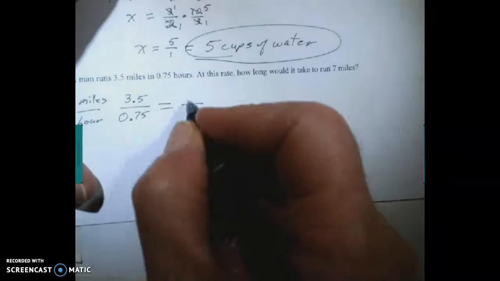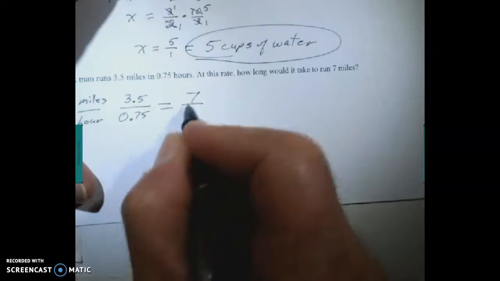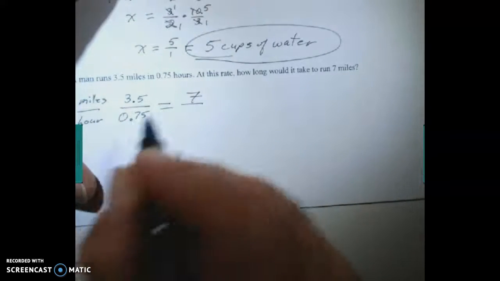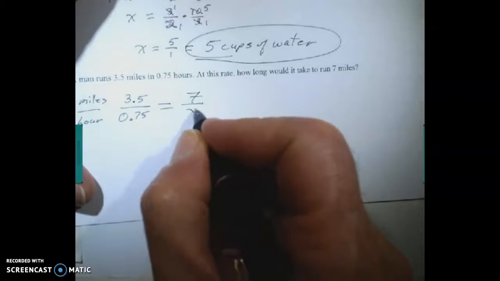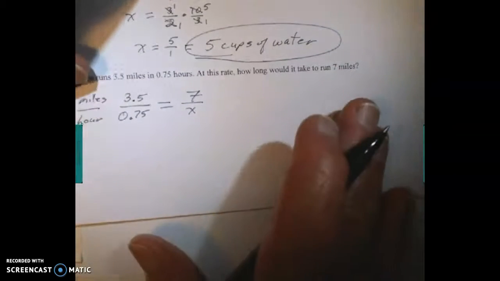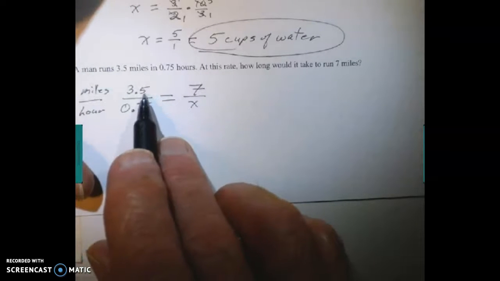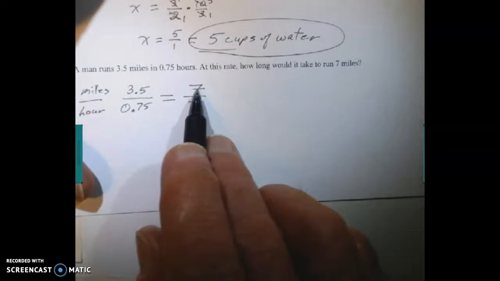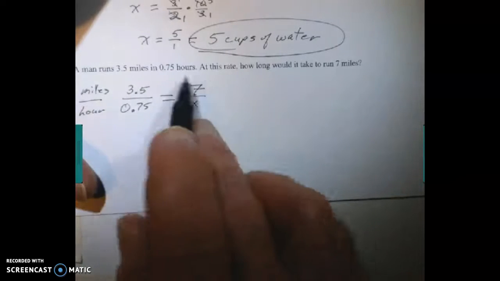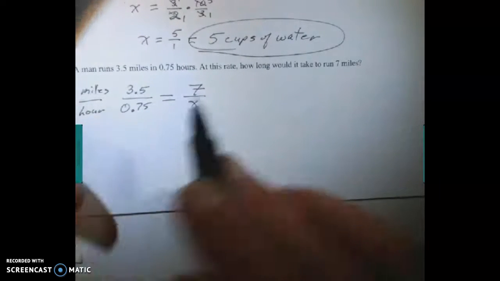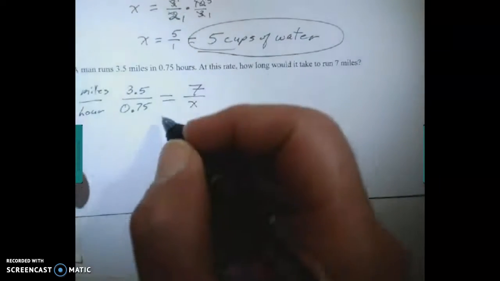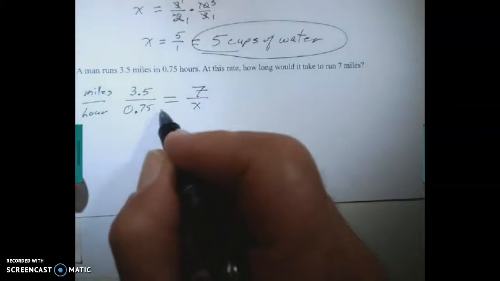Miles were on top, put miles on top over here on this side, and we are looking for how many hours it will take. You could use the 5th grade method if you recognize what you would do to 3.5 to make it 7. On the test, though, the numbers may not work that easy, so I want to again remind you how to work with decimals.